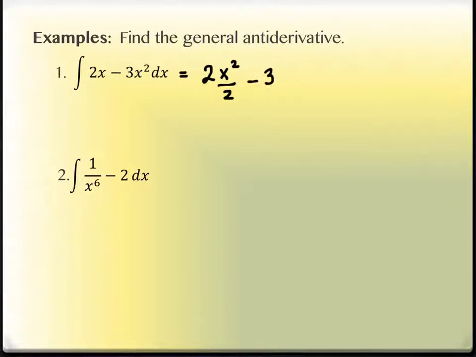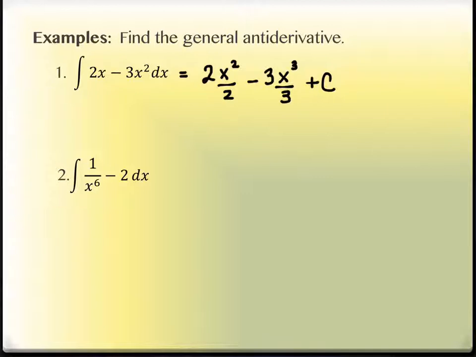Well, the 3 stays. What happens to the x squared? X to the third, and then divide by 3. And then I need plus c. Every problem will have that plus c on it. And like I said, there will come a point where we're going to figure out what c is in certain situations, but for now, it's always plus c.